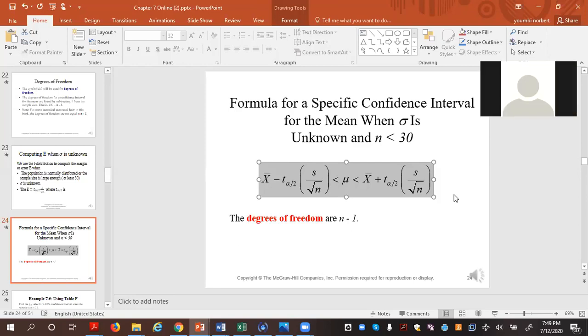So I have to subtract it and add it. What do you get?